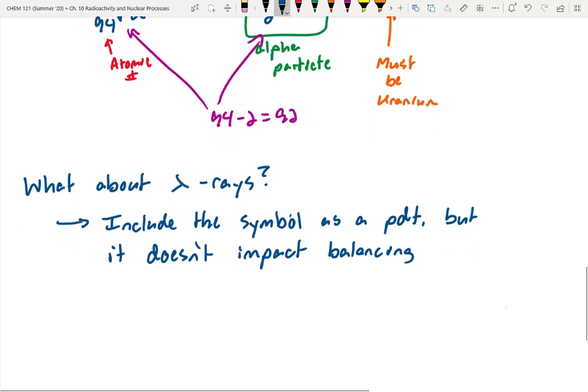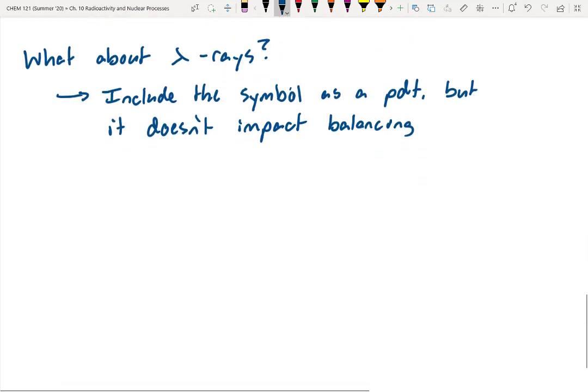All right, so gamma rays are a little bit weird. Essentially, you get the same product out that you started with, but you're also emitting gamma rays during that reaction. So we do want to show the symbol, which in this case is just going to be that gamma symbol as a product during the reaction, if that makes sense.